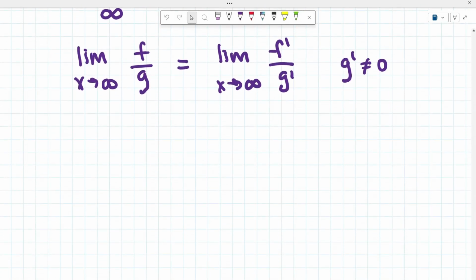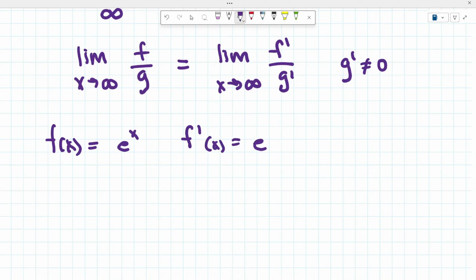Okay, so if f of x equals e to the x, that means that f prime is also going to equal e to the x, and then our g of x equals x, so g prime equals 1. Now we will go ahead and evaluate our limit.